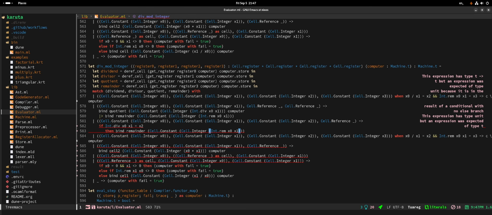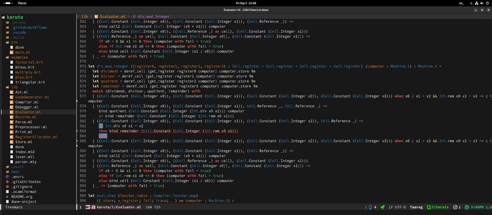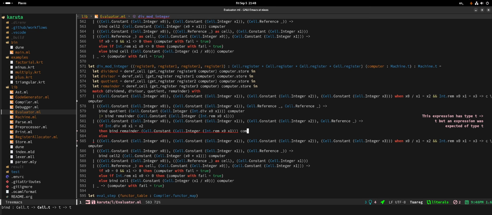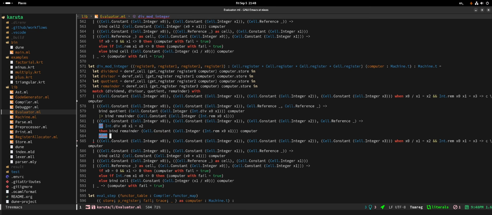X2 actually here. Oh, actually, can't we just say quotient? No, no, not quotient. Yeah, that's it. This is it, actually, believe it or not. And then else, oh, that's what you wrote. Else we fail.